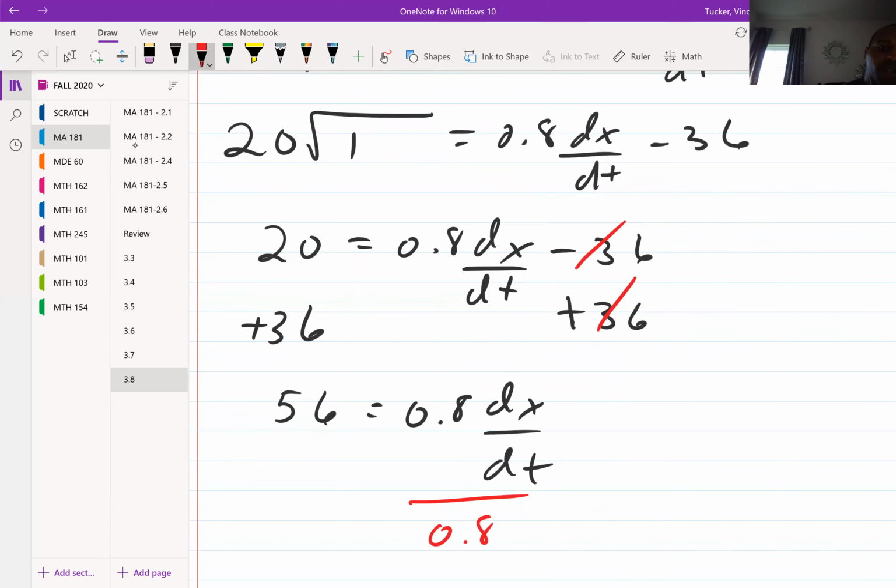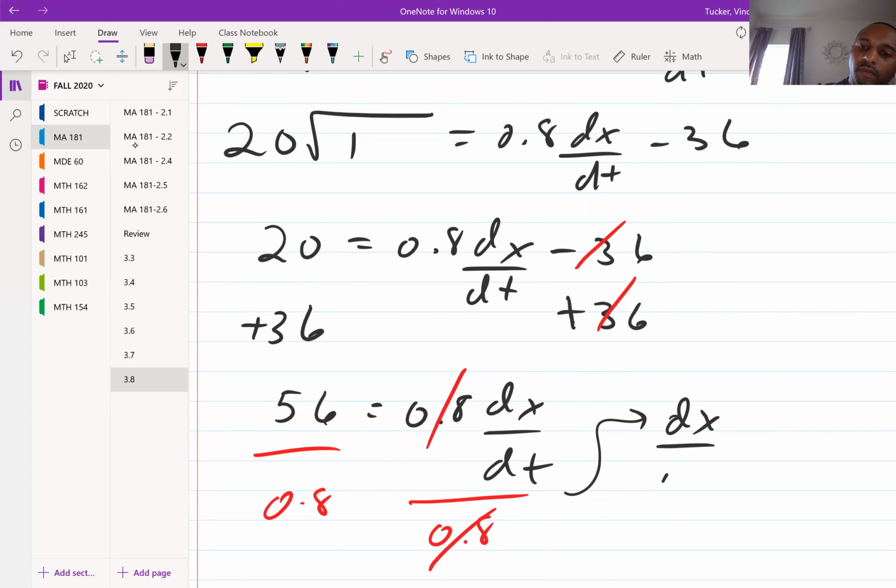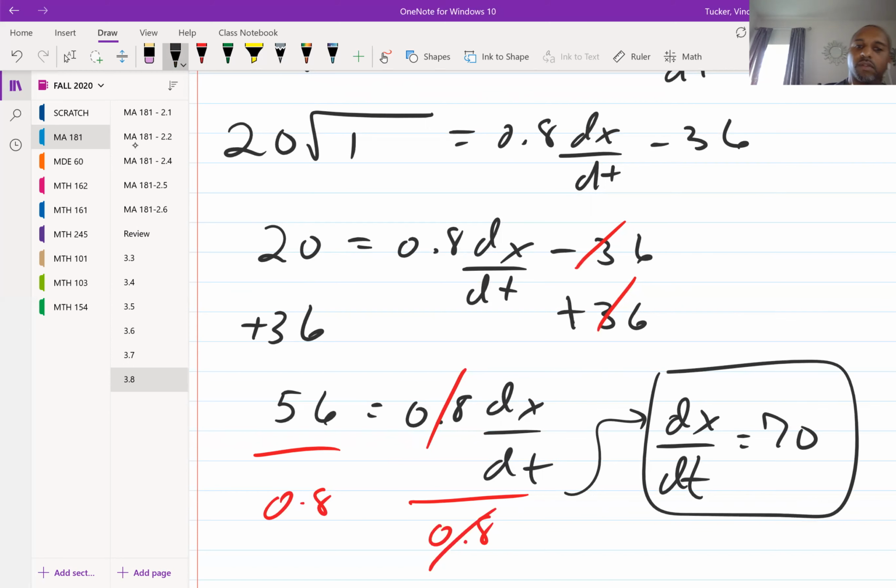Divide by 0.8, and we will finally have the answer of 70. That was a bit much, but we got there.